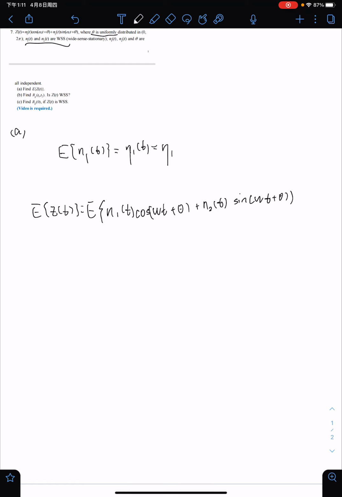Okay, and we know that here is a plus sign, so we can divide the expected value into two parts. In the first part, we can also divide it into two parts. So the first part we can write it down.